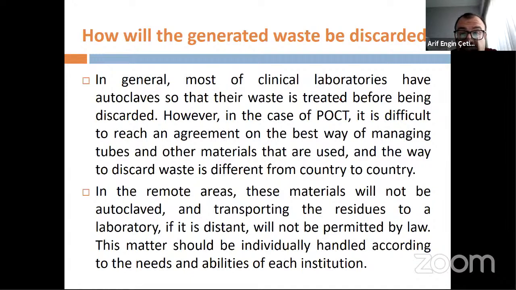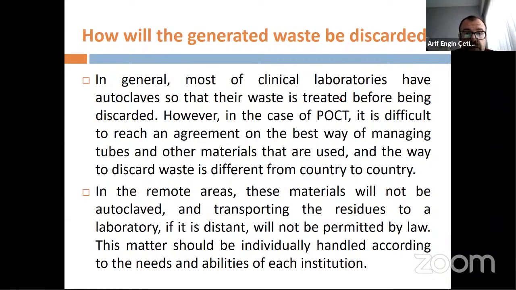Since POCTs are cheap and widely used everywhere in the world, it's a big problem how to dispose of them. For example, if you go to a central lab, they take your blood and do all these tests, and anything coming from this test as waste goes to bio-waste.